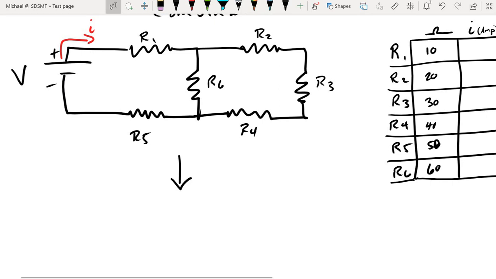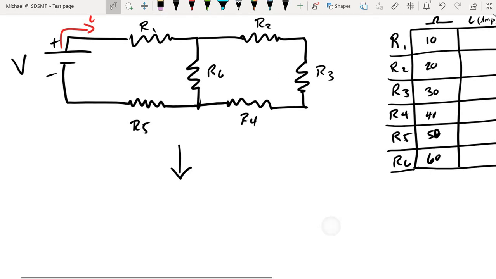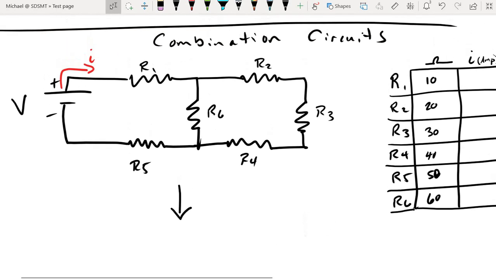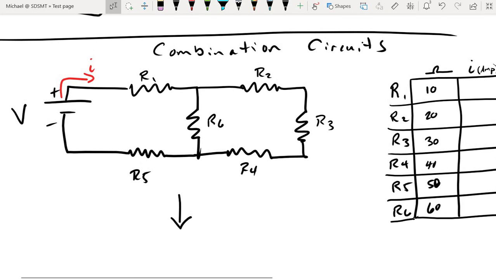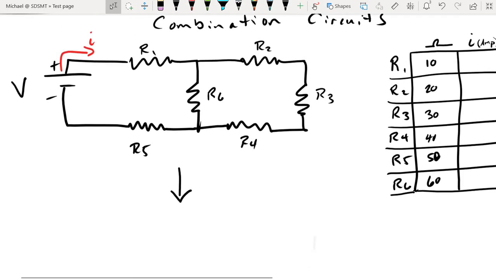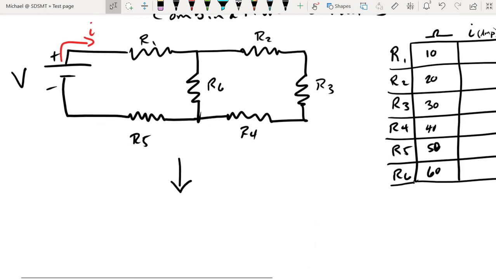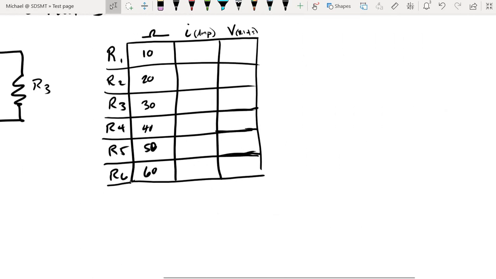We know how equivalent resistors are made if we're dealing with series or parallel resistors. I'll put those over here: series resistors, parallel resistors.